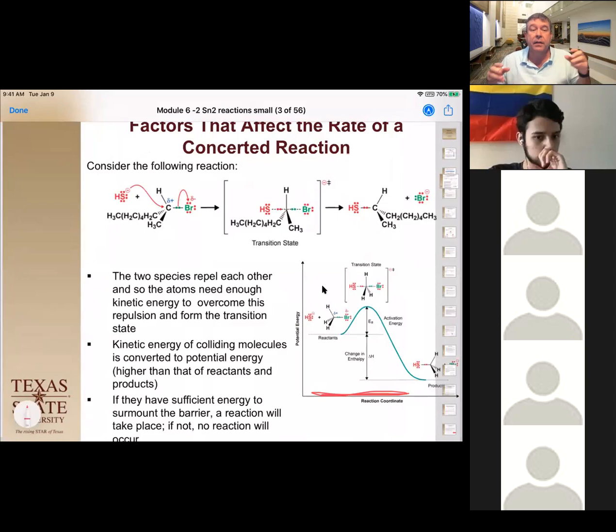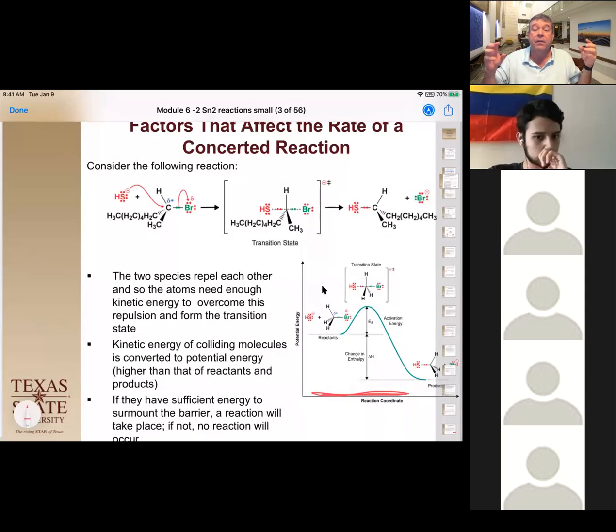The next thing we have to think about is the outside of every molecule. What's on the outside of every molecule, right? Electrons. So these electrons have to either be polarized to orient themselves in space, or you can think about them as repelling each other a little bit. So as I have this species come in toward this species, if they're coming in slowly, all they're going to see is that electron-electron repulsion and they'll drift apart.